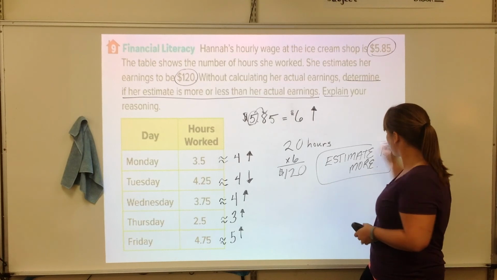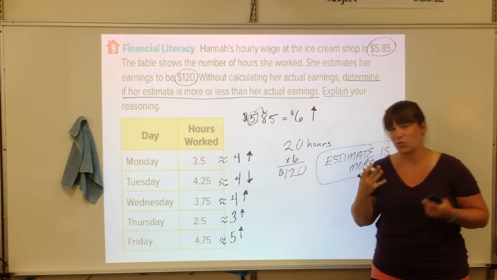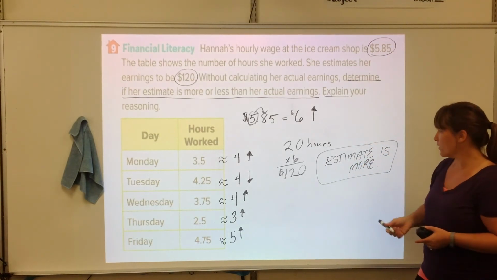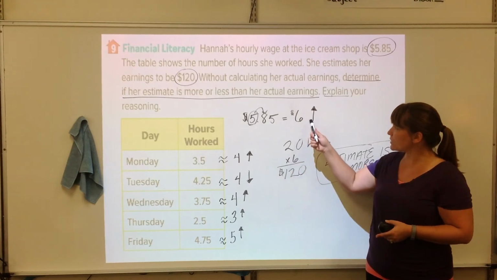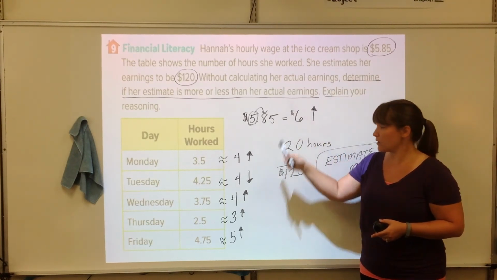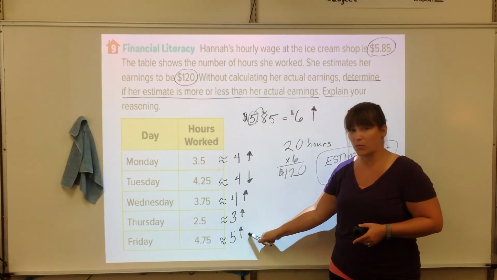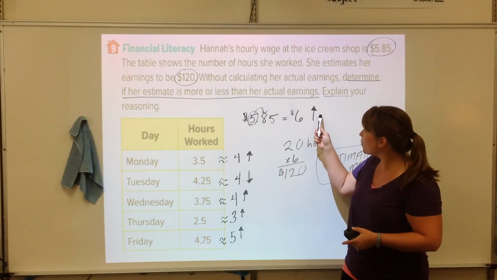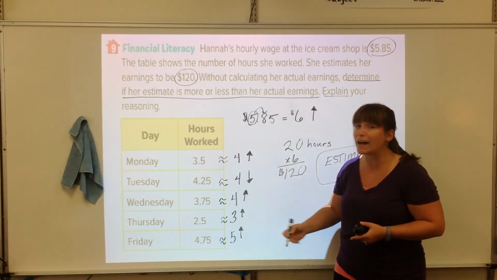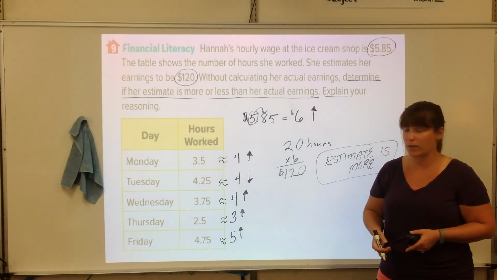So this is the answer, but now we have to explain, why did I say it was more? It's more because we estimated up to 6 and up, up, up, up. We rounded up for 1, 2, 3, 4, 5 of the numbers we needed to work with.